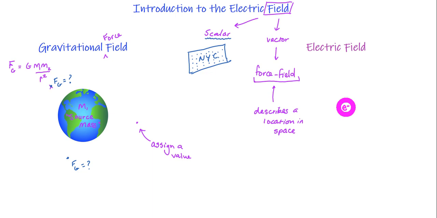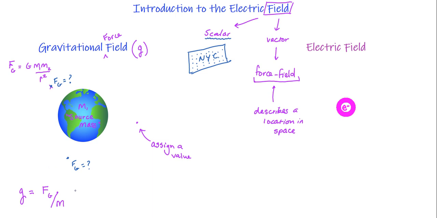Well, physicists and mathematicians are very clever, and they came up with a way to do that. We first define a gravitational force field as the lowercase letter g. And g is not the value of the gravitational force at every location, but the gravitational force that would be exerted per unit of mass placed at that location.